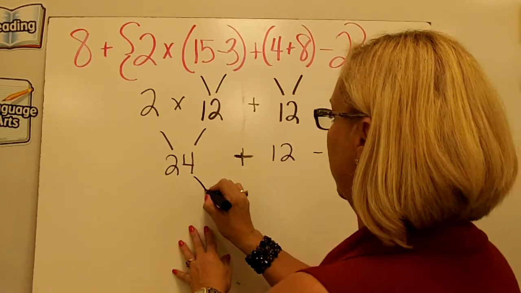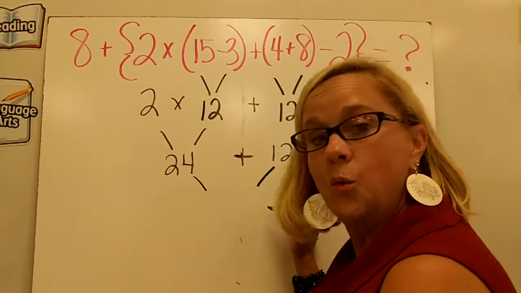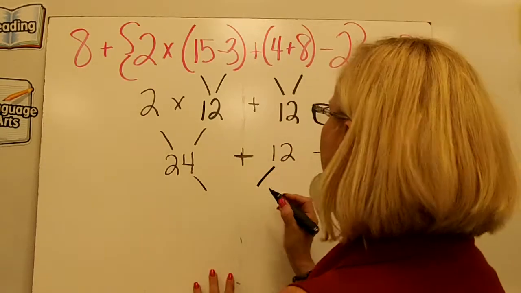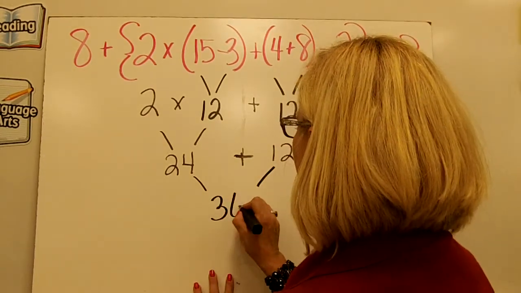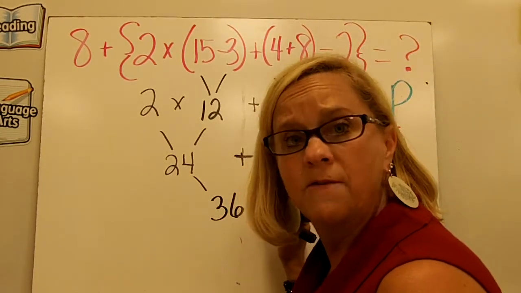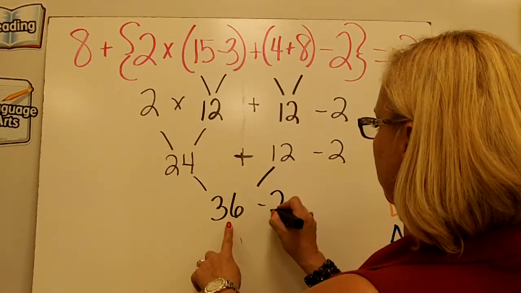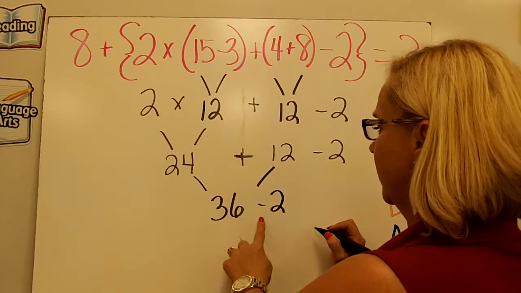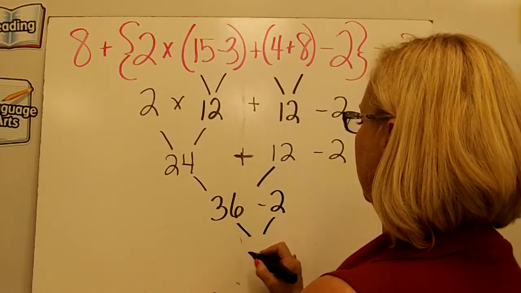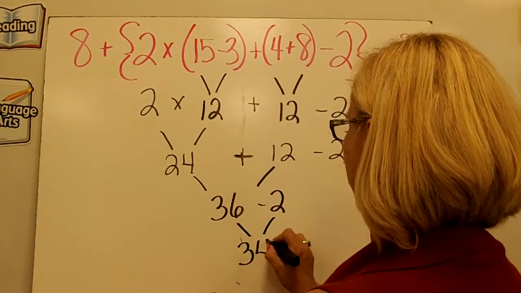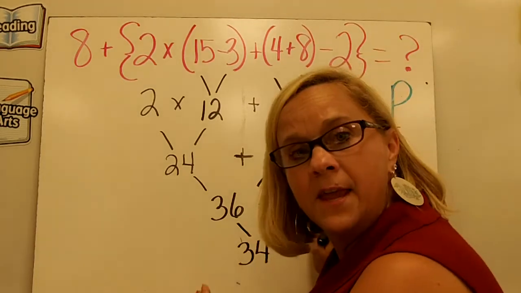And I have 24 plus 12. And 24 plus 12 is 36. Use scratch paper if you need that. All right, so I have 36 minus 2. 36 minus 2 is 34. Now, I've done everything in the brackets.